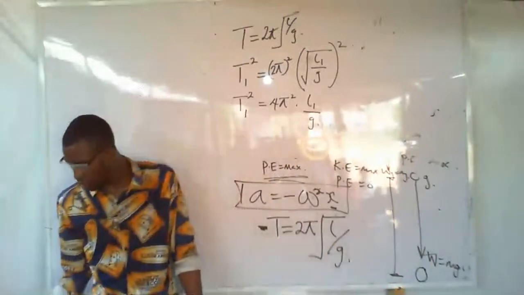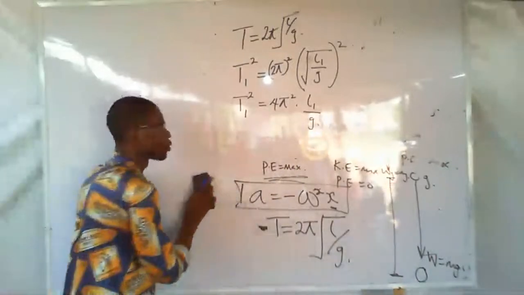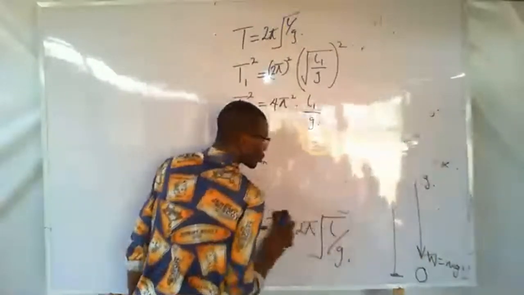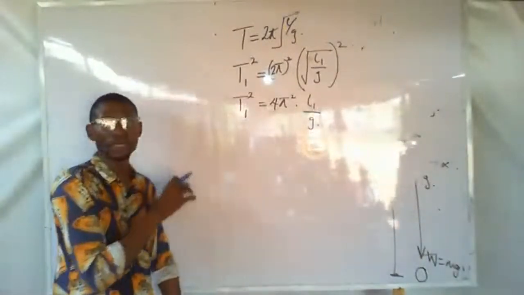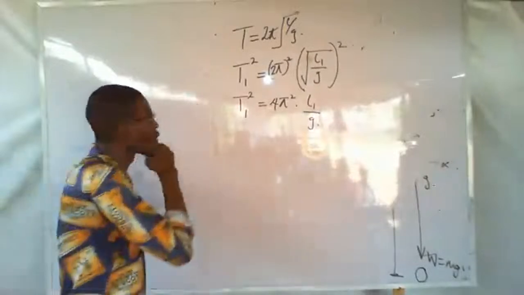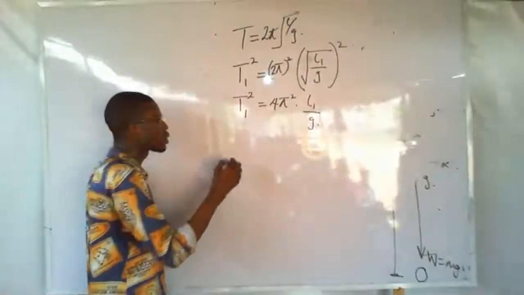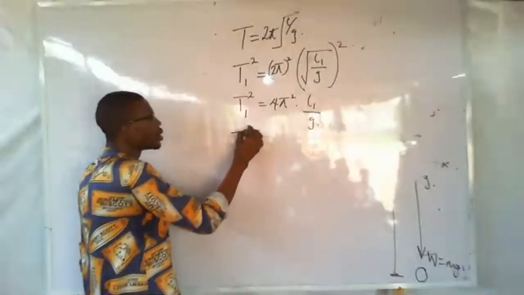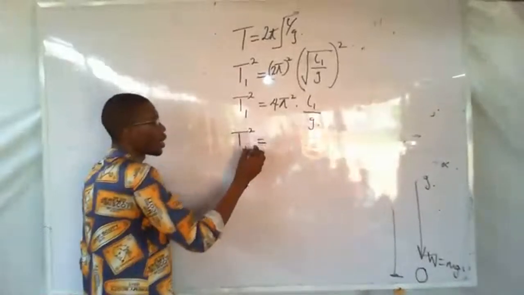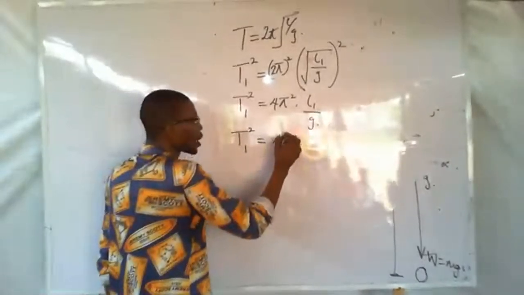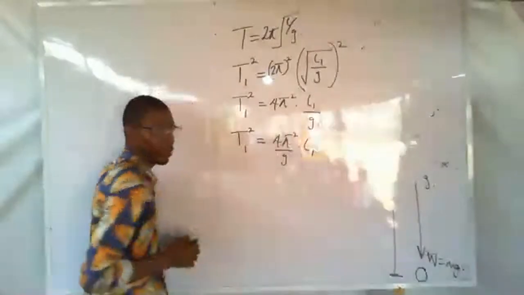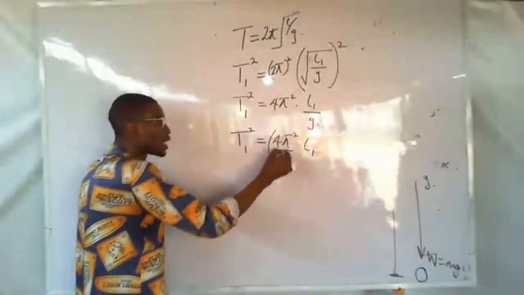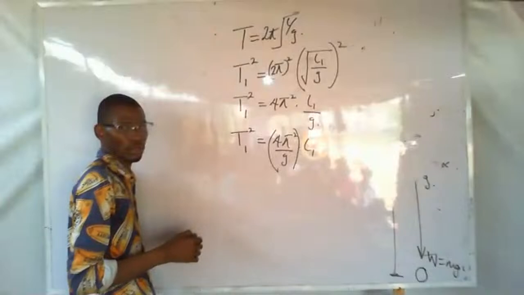Now see, class, what I want to show you. T square 1 is equal to 4 pi square over G multiplied by L1. Now let's assume that this is constant.